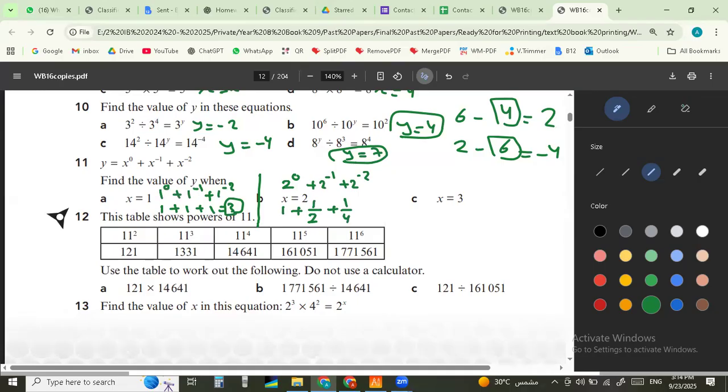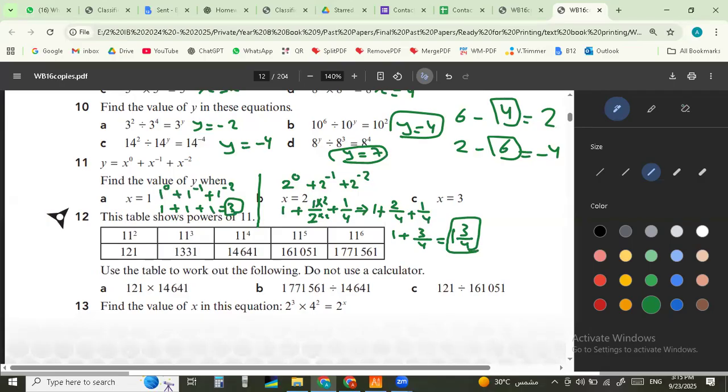Now with the fractions, you need to make the denominators the same. You multiply this by 2, you multiply this by 2. The new question here becomes 1 plus 2 over 4 plus 1 over 4, which is 1 plus 3 over 4, which is, as a mixed number, 1 and 3 over 4 written this way.